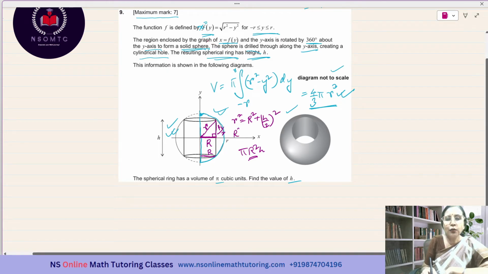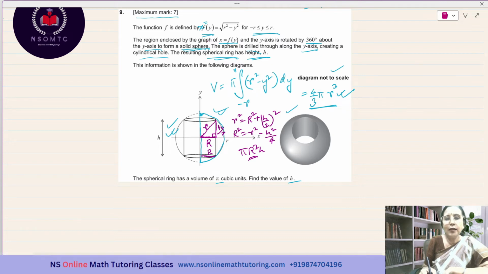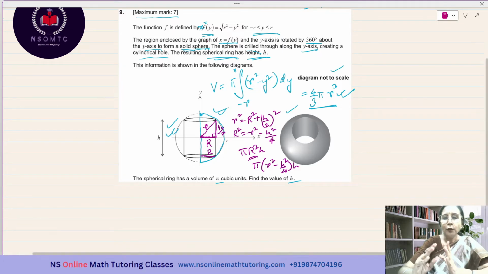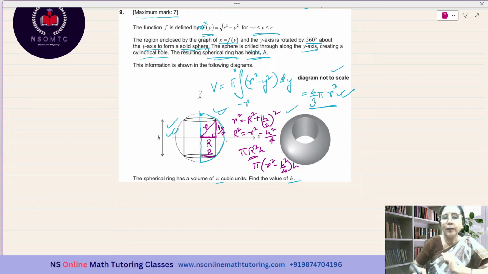So capital R squared will be equal to small r squared minus h squared over 4. So you can write the volume of the cylinder as pi times small r squared minus h squared over 4, times h.